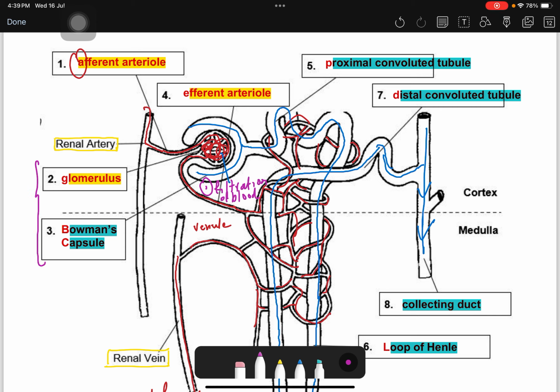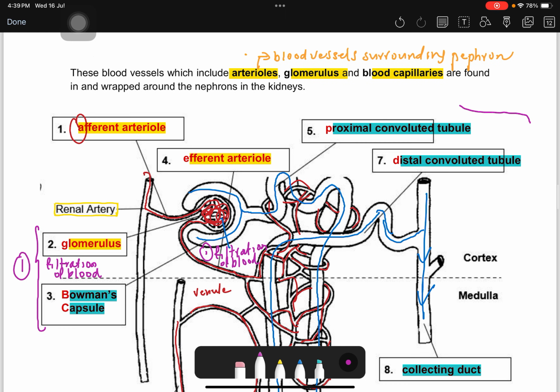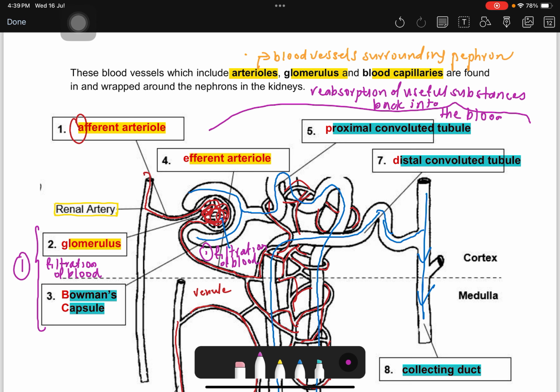So these two structures are involved in the first process of filtration of blood, and then the rest of the structure of the nephron, surrounded by the blood capillary, is where reabsorption of useful substances occurs to go back into the blood, so we don't lose too much of that.